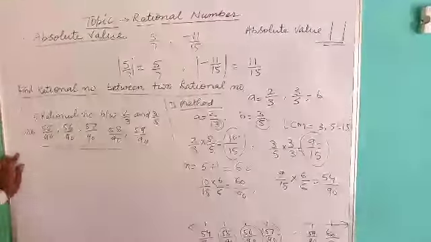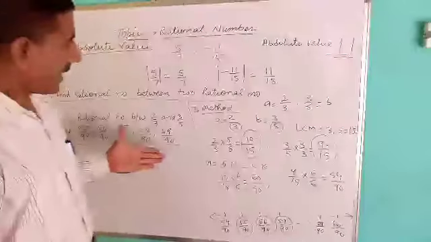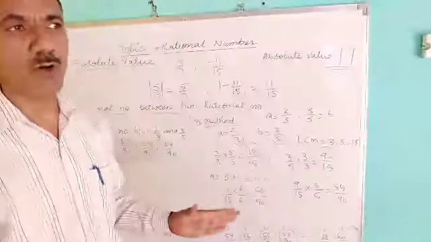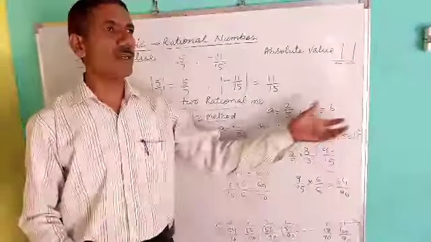This is your solution. So dear students, we can find an infinite number of rational numbers between two rational numbers.